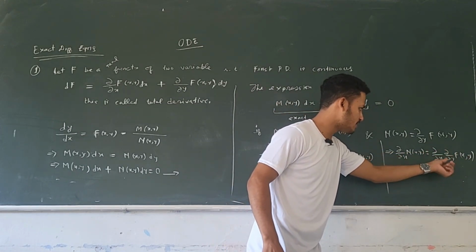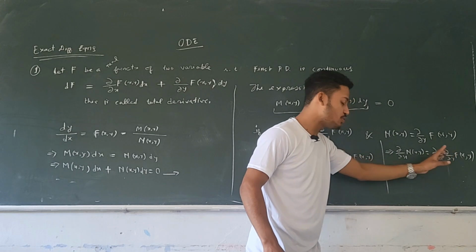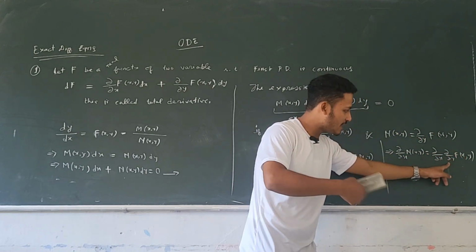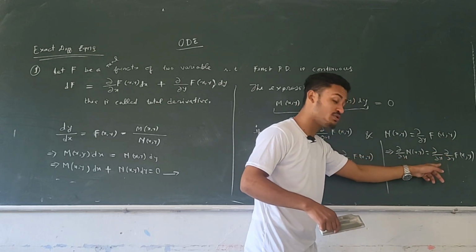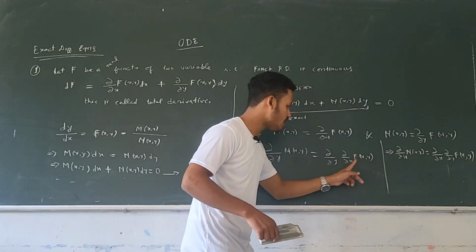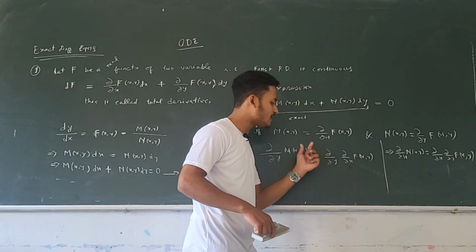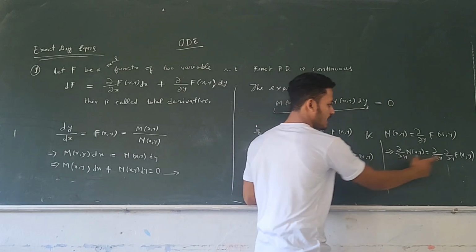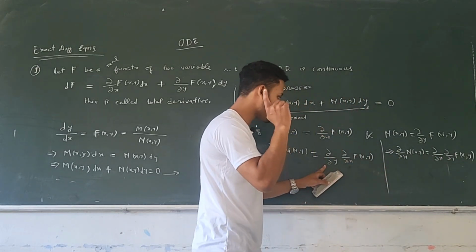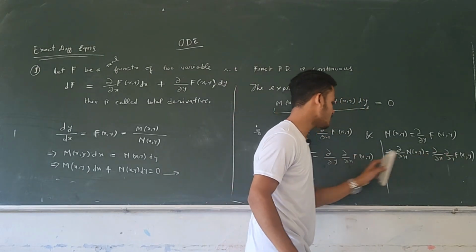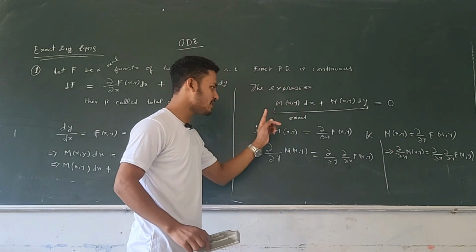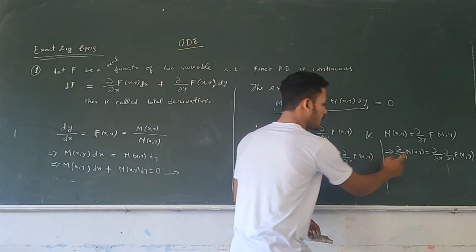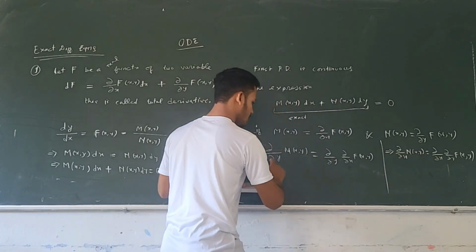You first differentiate this function with respect to y, and then you differentiate with respect to x. This is the same as first differentiating with respect to x and then differentiating with respect to y. So these two parts are equal. That means when it is an exact differential equation, then these two parts are equal, you can say.